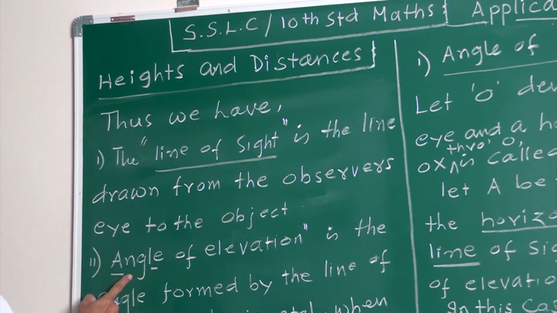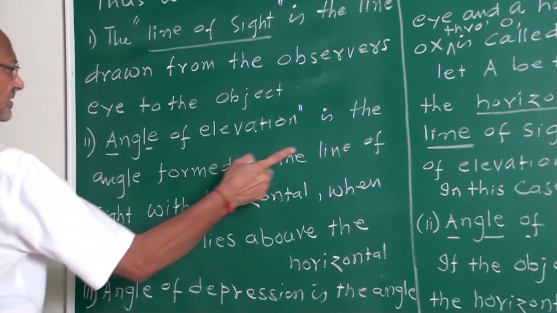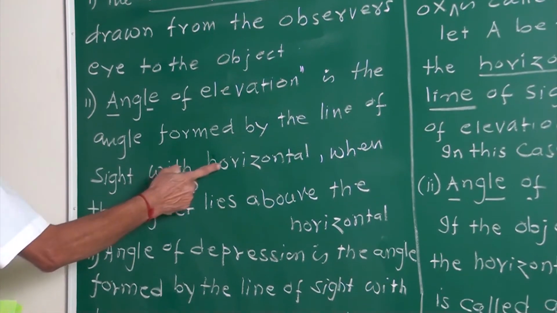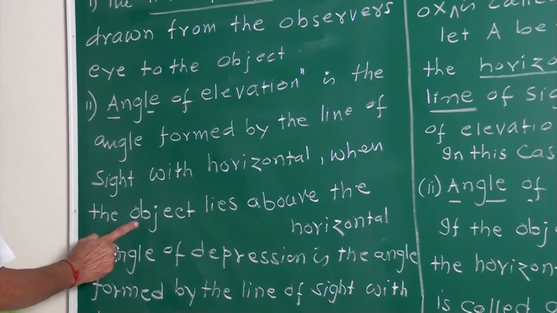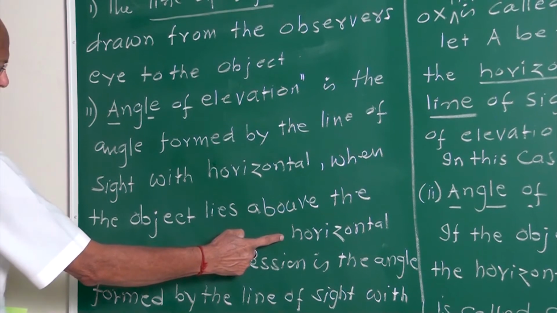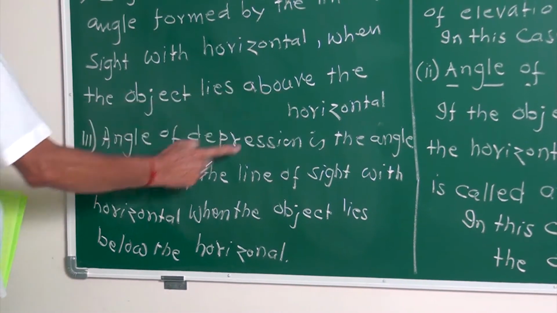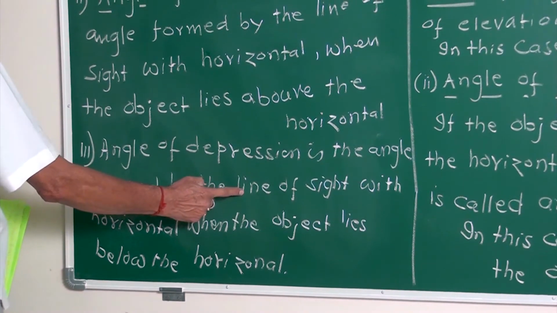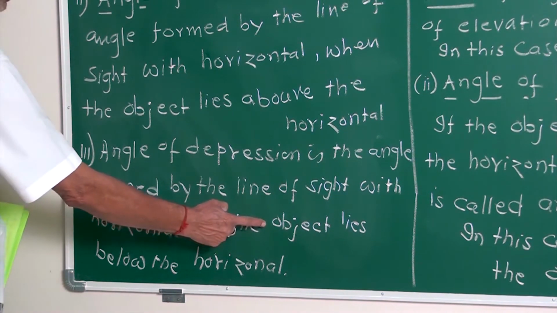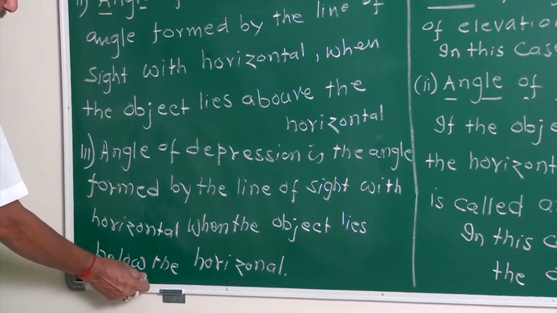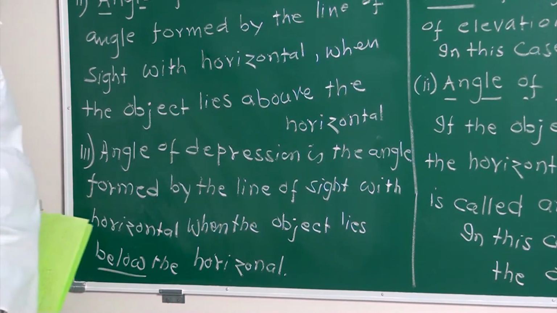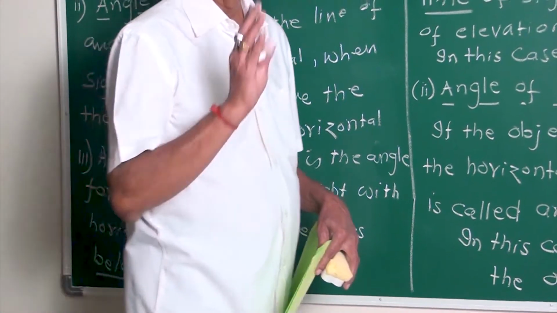Angle of elevation is the angle formed by the line of sight with the horizontal when the object lies above the horizontal. Third, angle of depression is the angle formed by the line of sight with horizontal when the object lies below the horizontal.